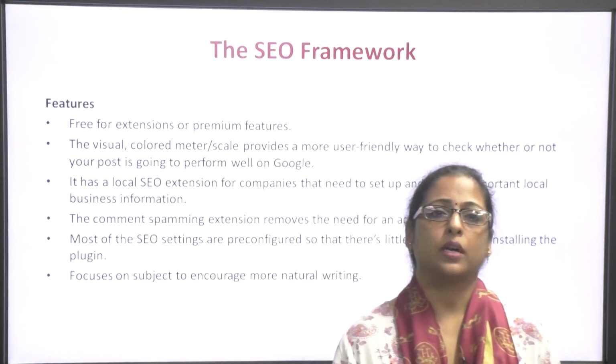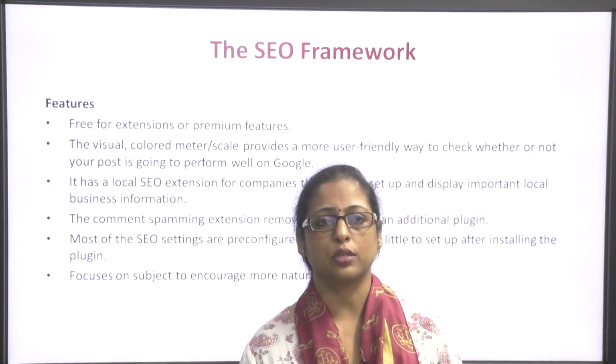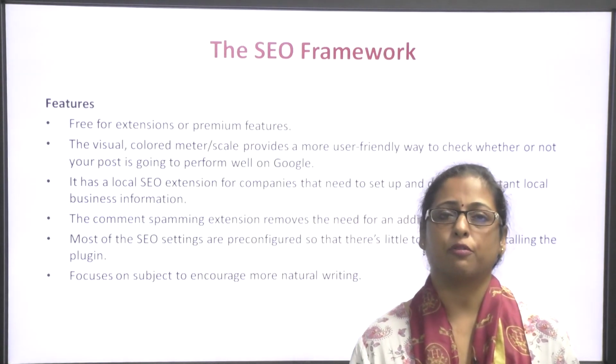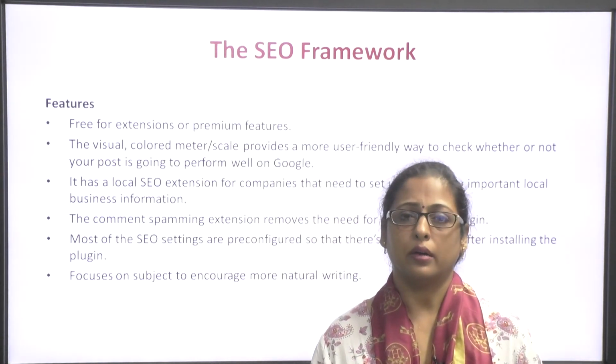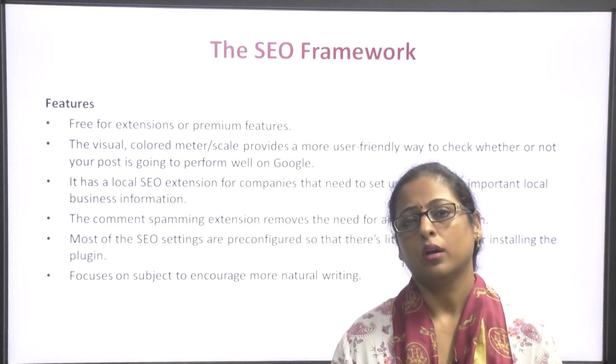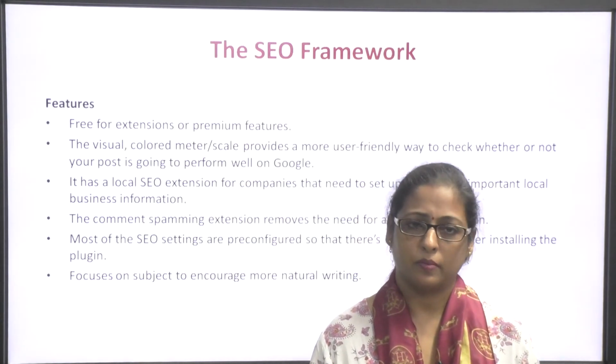Then it also helps in understanding spamming activities if anything is happening. This framework basically focuses on improving the genuineness of the content, or helps you improve the subject related writing.